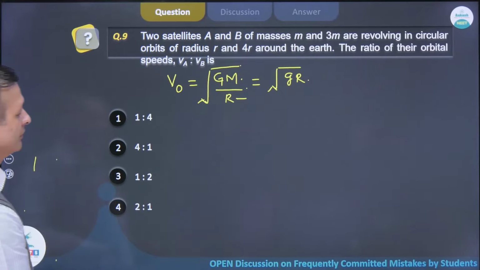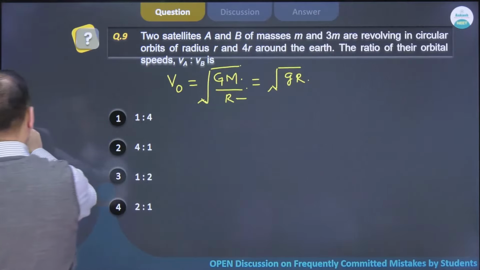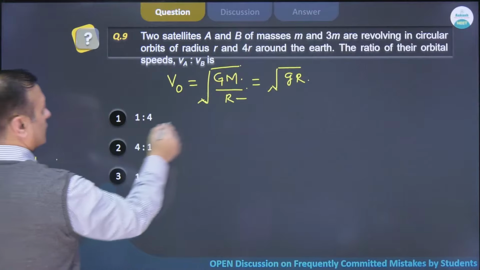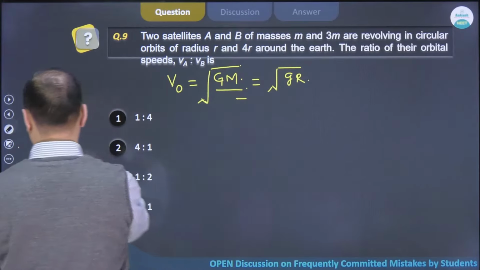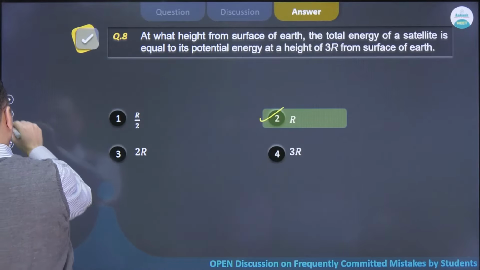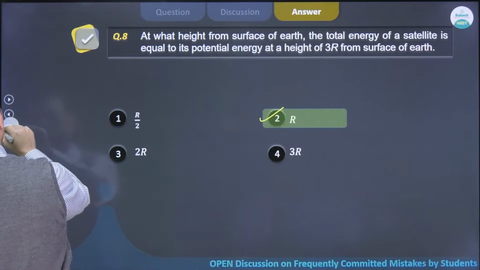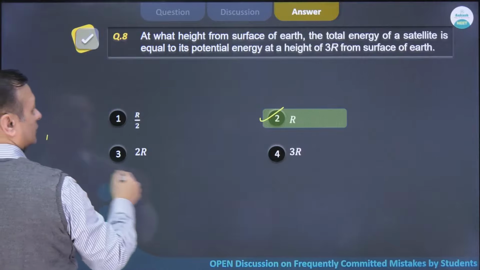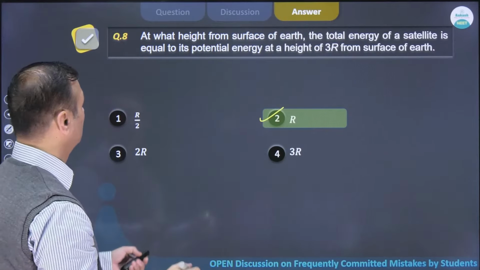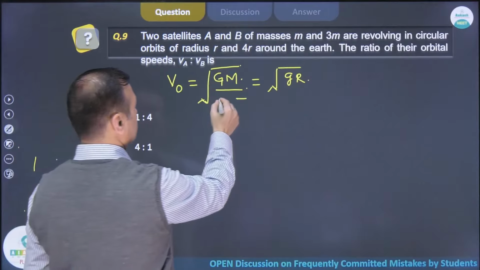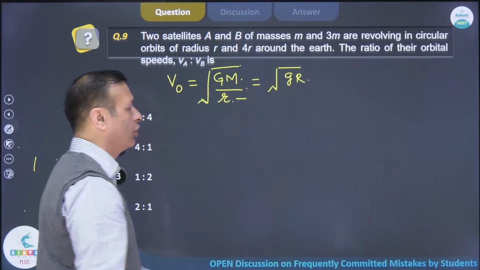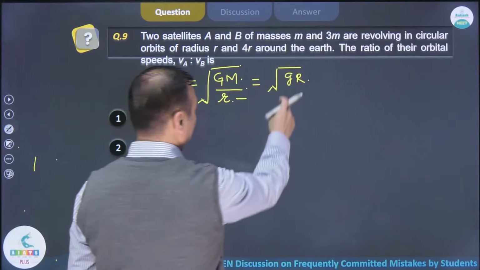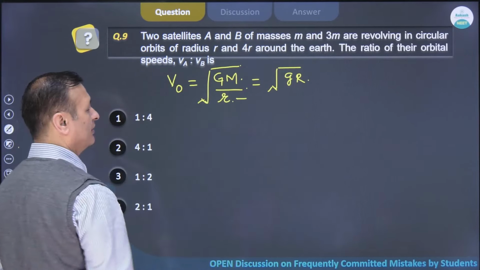Let me correct it as the radius of the orbit. You got it? We don't require the other formula, we'll simply go by this formula.